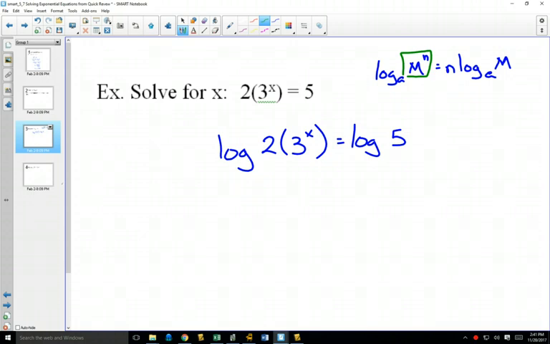In fact, you are not allowed to go 2 times 3 and write that as 6, because your order of operations says you need to deal with exponents before you multiply. And if I did 2 times 3 and wrote 6, I would be multiplying before I dealt with that exponent. So as far as our expanding rules go, we know that if you have log of something times something, that's the same as adding.